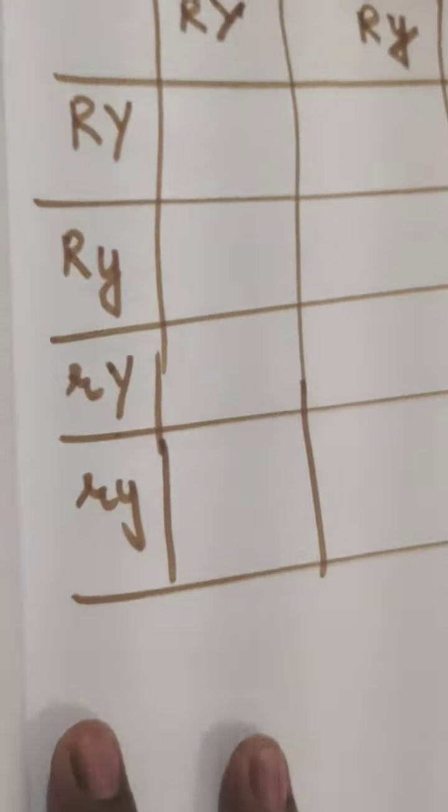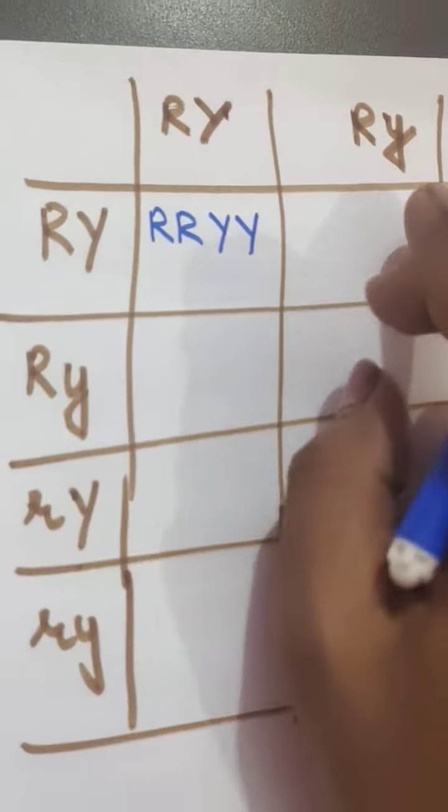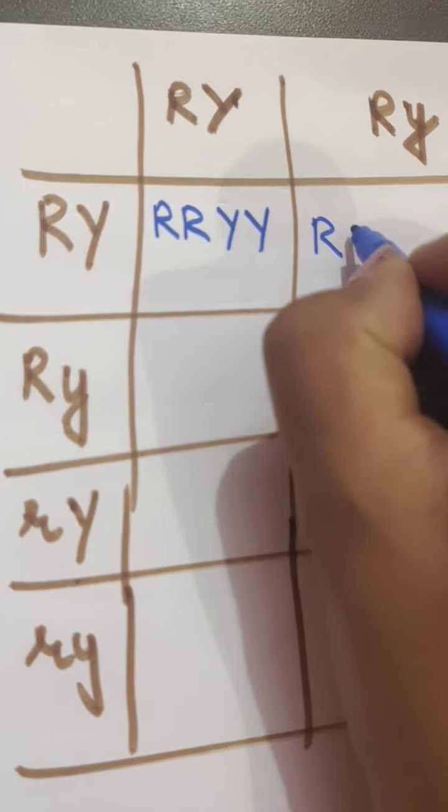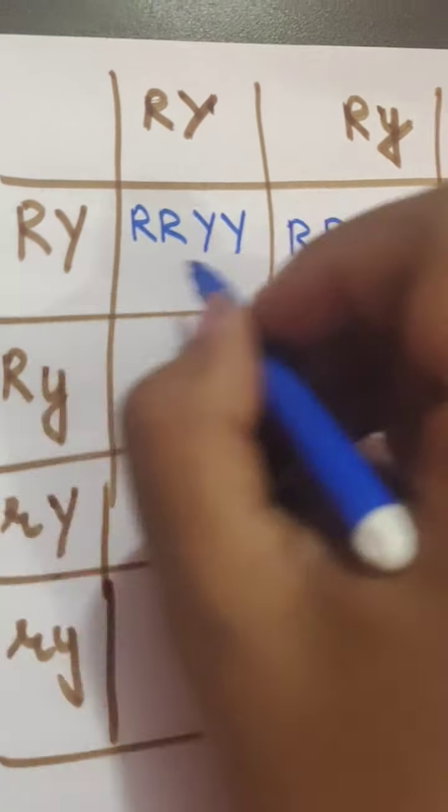Okay, now when we link this, when capital R and capital Y link together, it will form RY. I hope it's clear how it's formed. Now this R and this, it will be capital R and capital R, capital Y and small y.